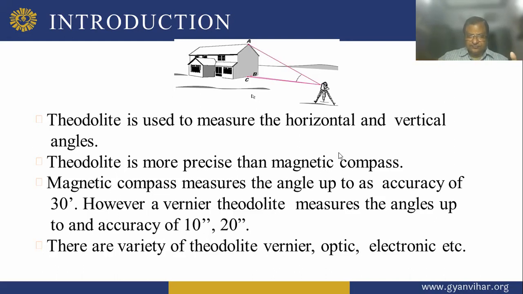However, a vernier theodolite measures angles up to 10 seconds, 20 seconds. 10 seconds, 20 seconds means a degree has 60 minutes, and a minute has 60 seconds. Okay? So there are a variety of theodolites: vernier, optical, electronic, etc.